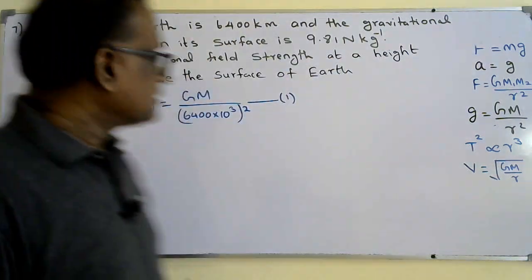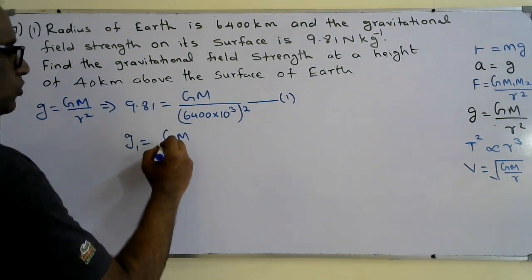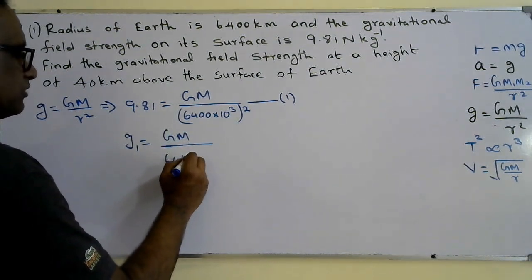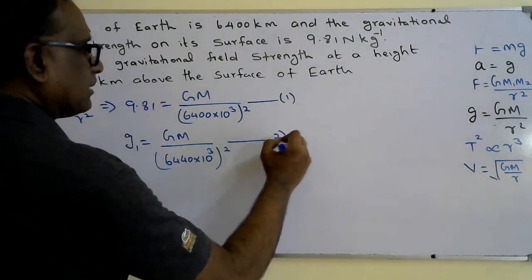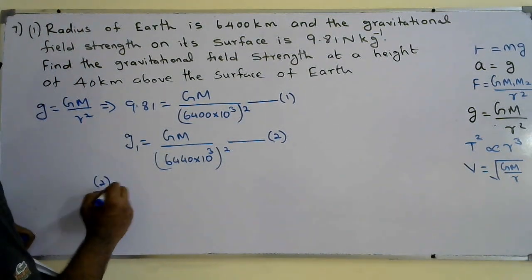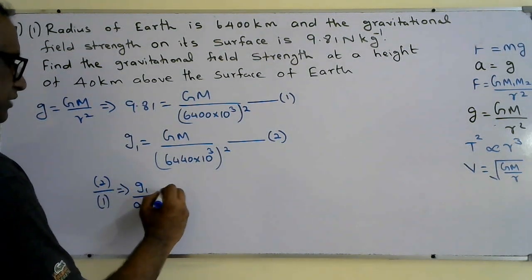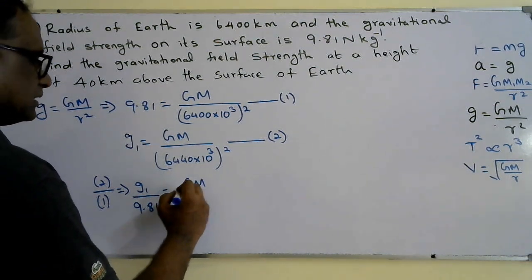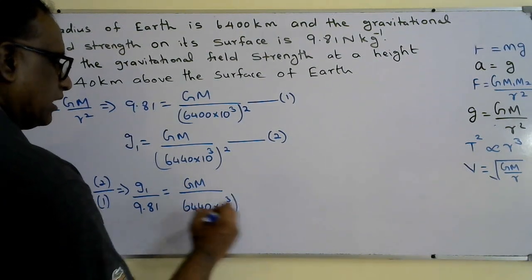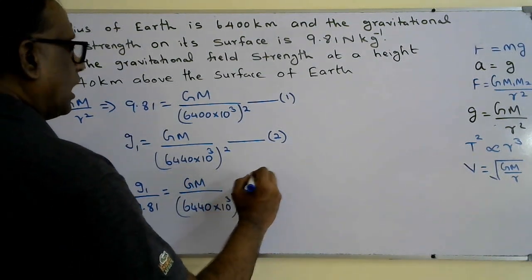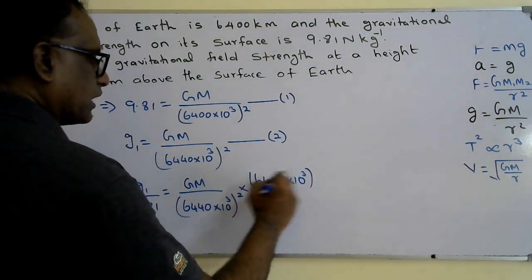So g1 I need to find. So g1 is equal to GM over 6440 into 10 to the power 3, all squared. So that's the second equation. Divide the second equation by the first equation. g1 over 9.81 is equal to GM over 6440 into 10 to the power 3 all squared, into 6400 into 10 to the power 3 all squared over GM.